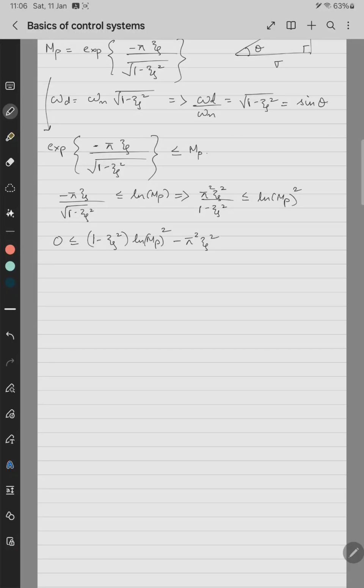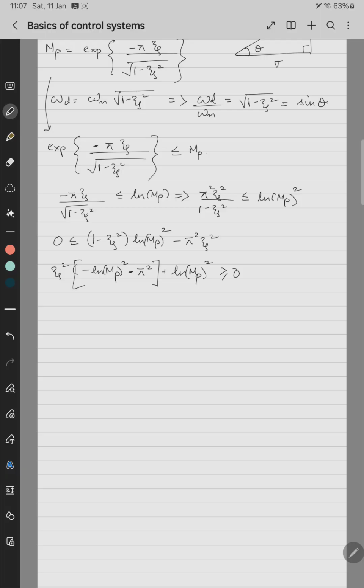On solving it, if we take zeta square common, what will it be? It will be minus ln of Mp square minus pi square, then into plus ln of Mp whole square should be greater than or equal to 0. Like this it will be.